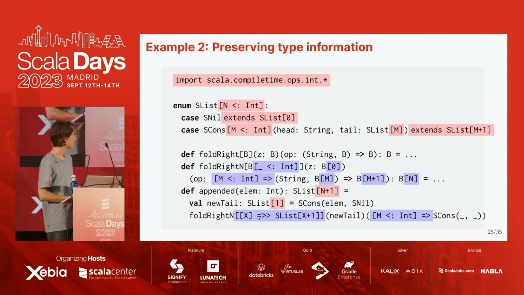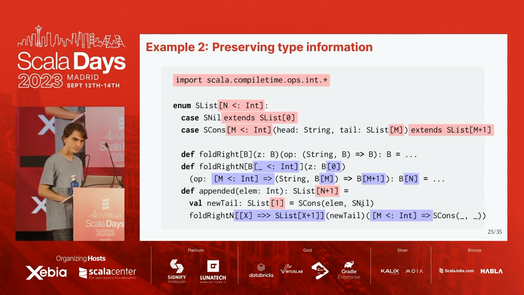So here we pass a type lambda that takes an x and gives me back an s list of x plus 1. And then the types work out. And by the way, this is relying on the scala.compiletime.ops.int support that defines type operations like plus on integer types.